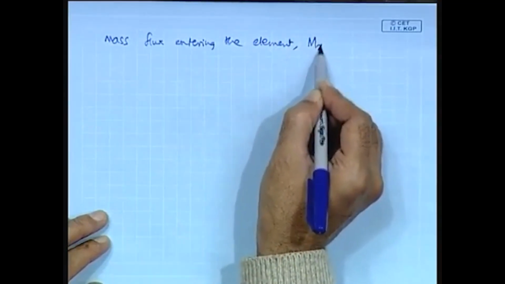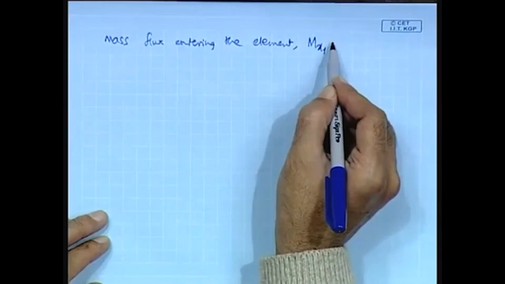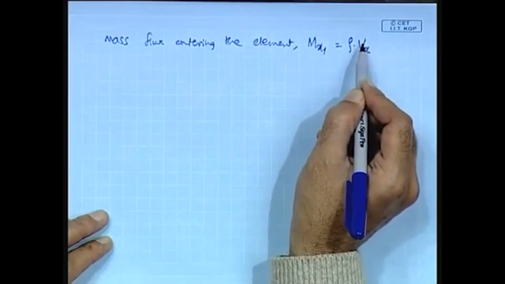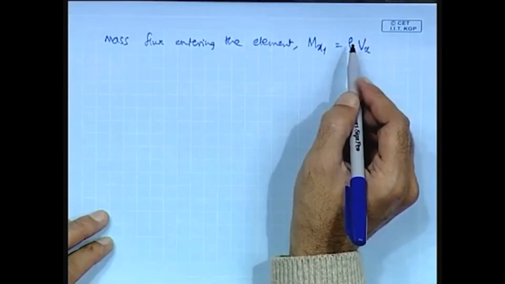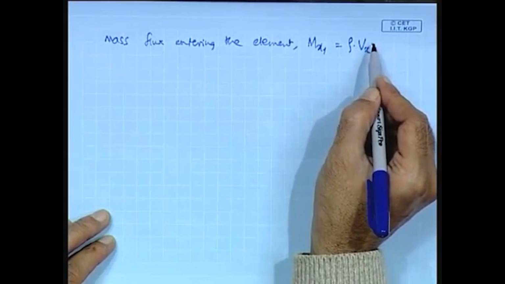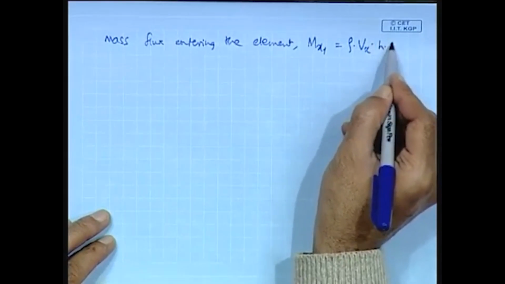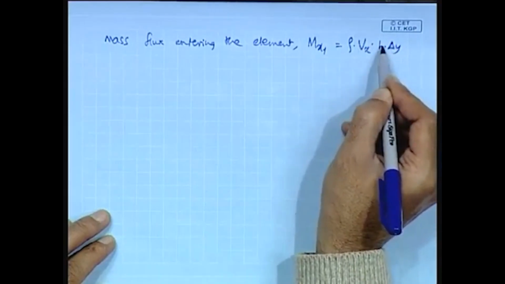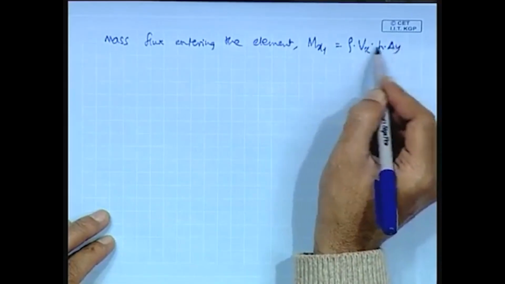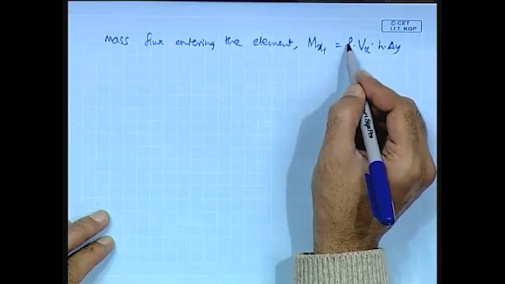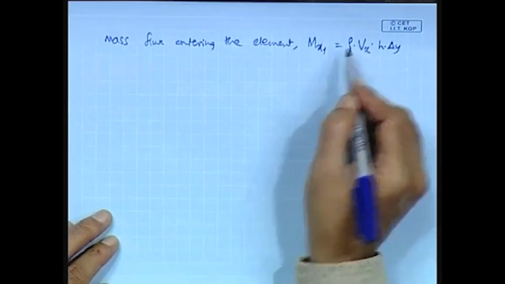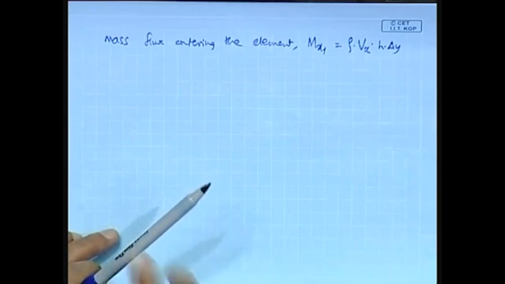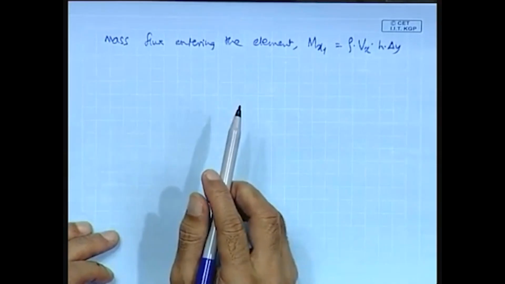So, this is given by mx1. So, this is rho into Vx, which is the groundwater flow velocity in the x direction, into h into delta y. h into delta y is the cross sectional area. So, this Vx into the cross sectional area of flow, that will be discharge, into rho, that will be the mass flux or the mass rate of inflow.